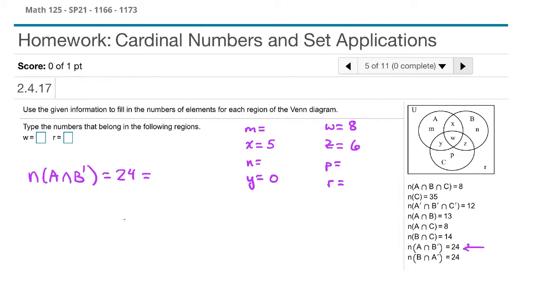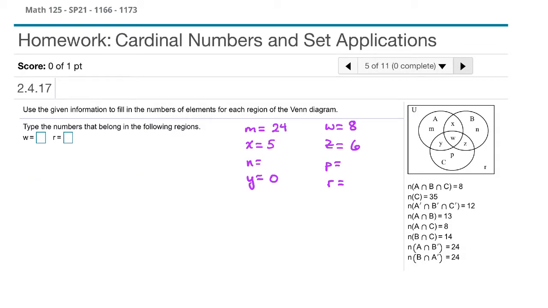We want the regions that are outside of B but inside of A. Outside of B, inside of A gives us M and Y. We know that Y is 0, so M is just going to be 24.